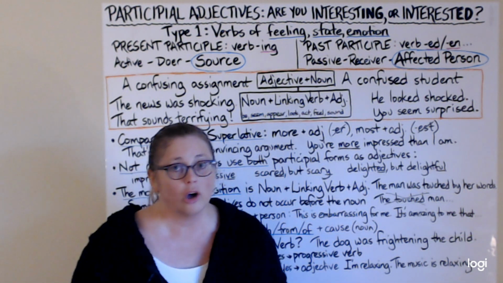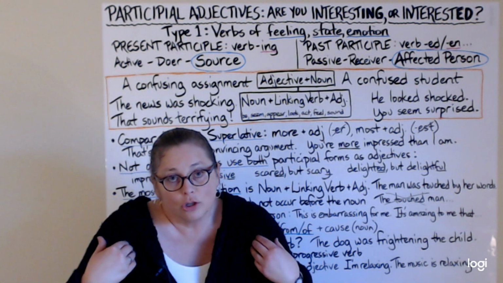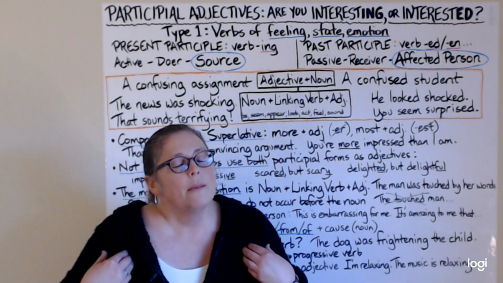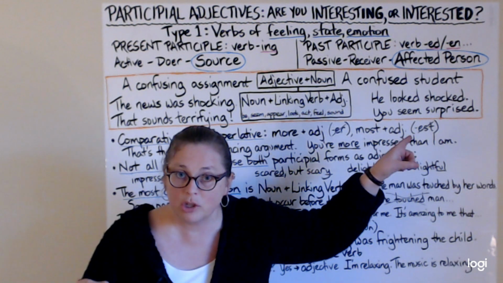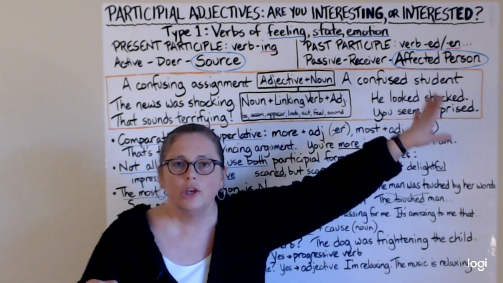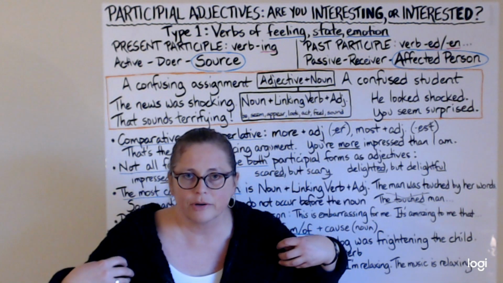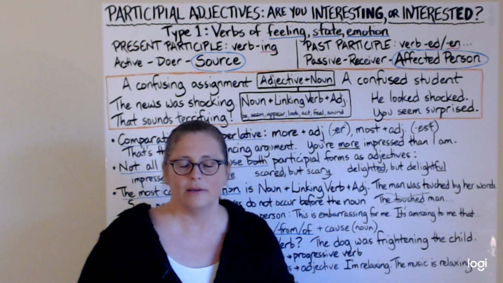If you are causing it to other people, okay, as a teacher, I can be an interesting teacher or a boring teacher. But when you want to talk about how you feel, and that's the most common, use the past participle form to describe the person. That's the best thing that you can remember from this.